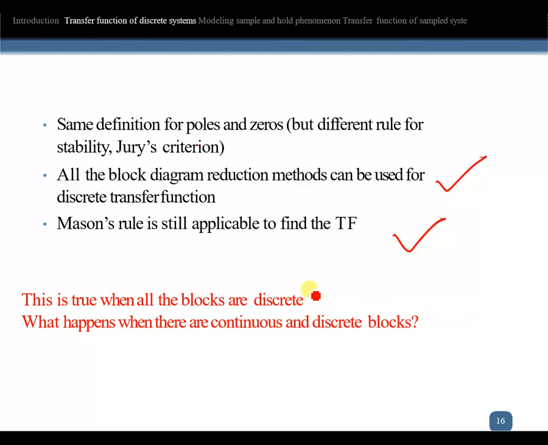We will not repeat Mason's rule or the reduction methods. We only give another method for stability. This is true when all the blocks are discrete, and what happens when all are continuous, and this is the mixed discrete-time block. This one we will see together.